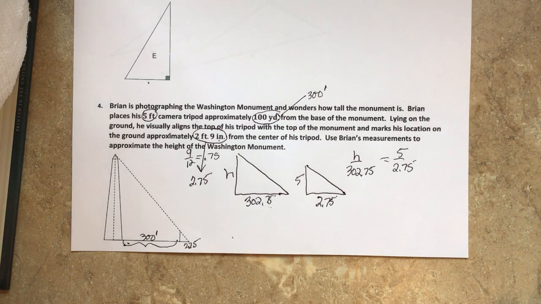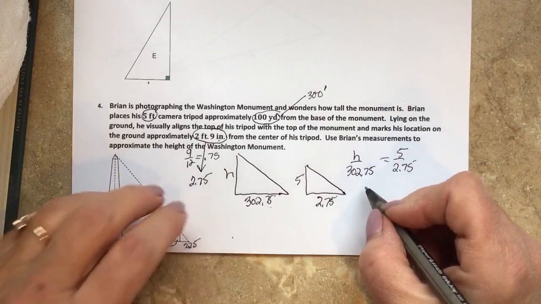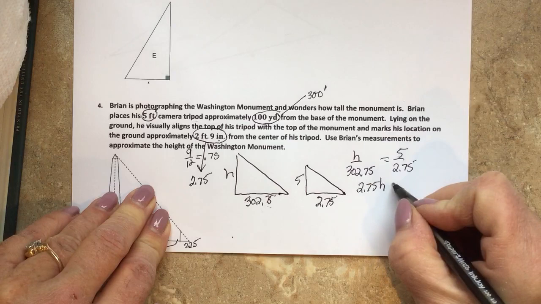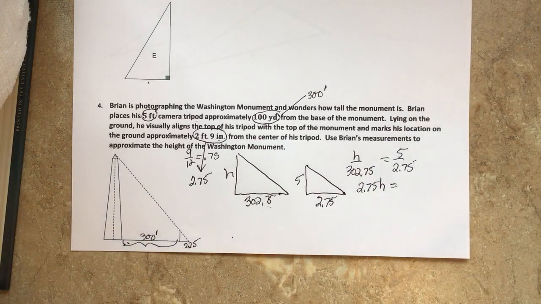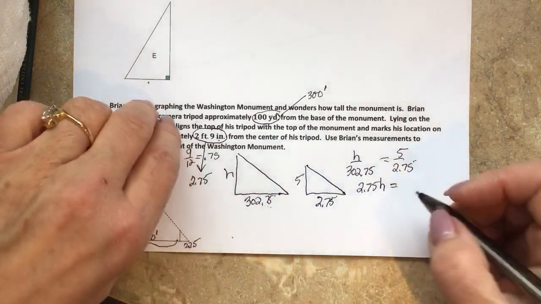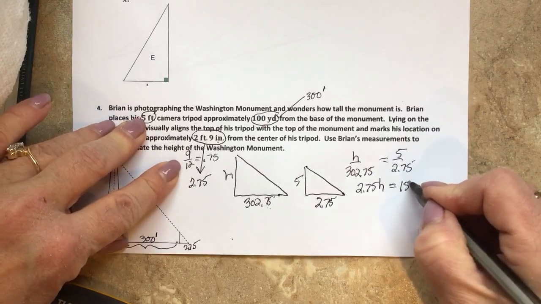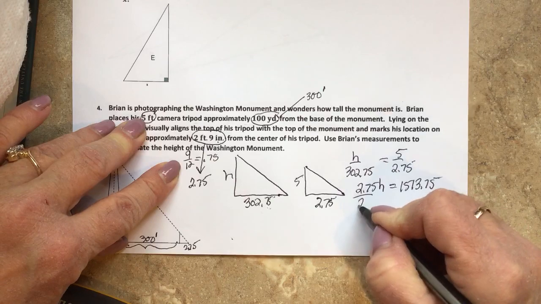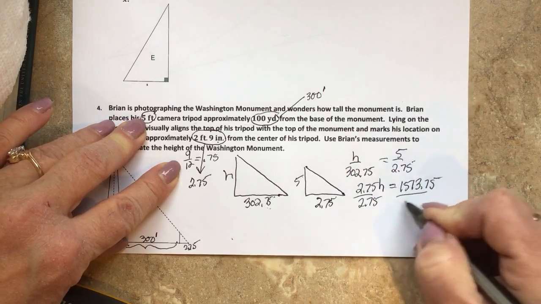I didn't calculate this yet, so I'm going to cross multiply here. 2.75 H equals 5 times 302.75. So I have 1513.75. Divide both sides by 2.75.